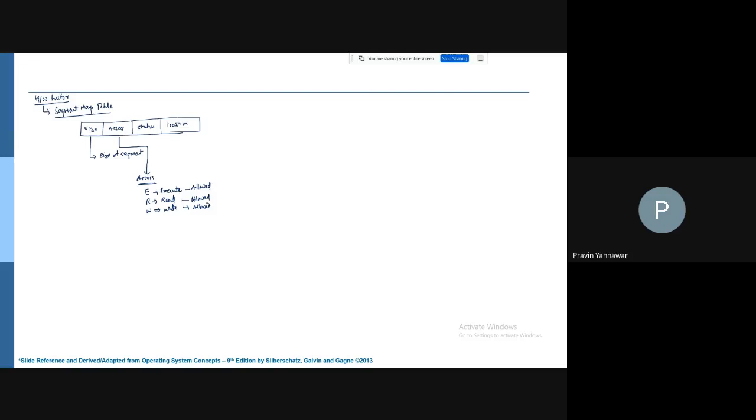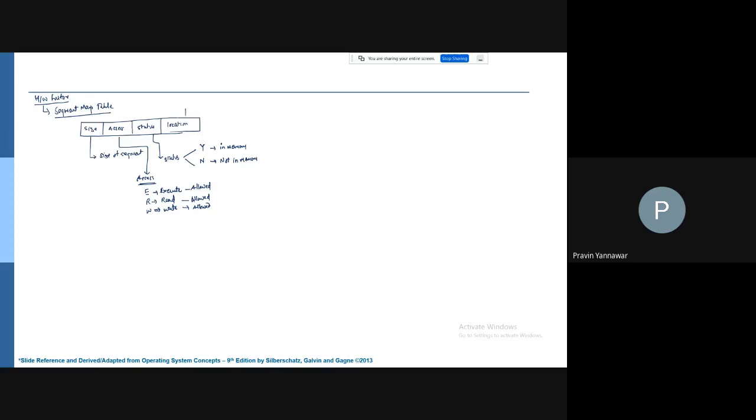And the next, if you look at the status, you'll find that status is usually yes or no. Yes stands for it is in memory, and no stands for not in memory. Okay, so there are these two statuses: in memory, not in memory.